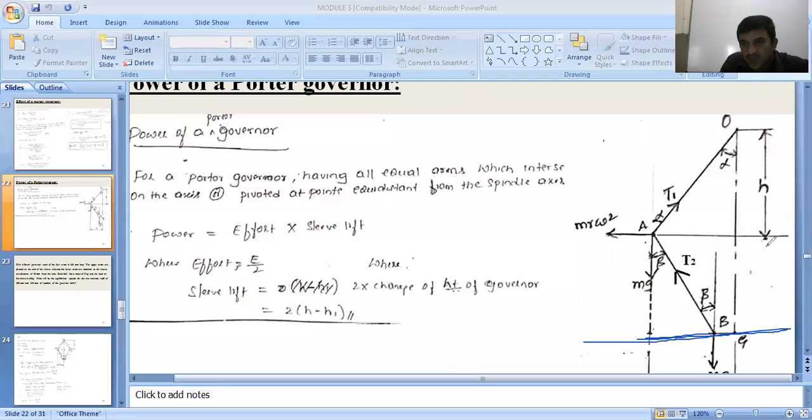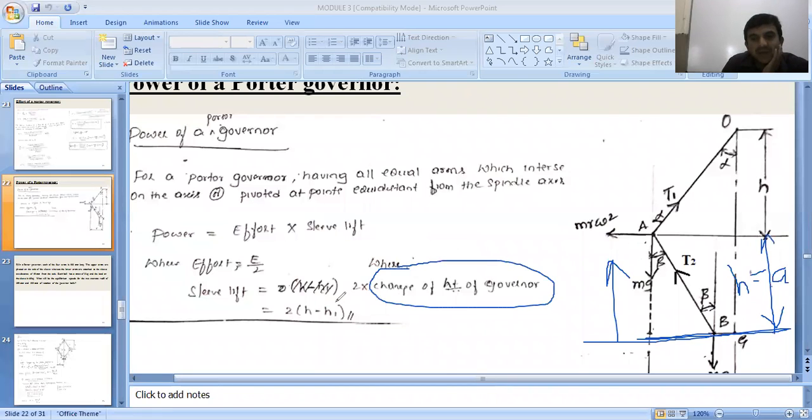This distance is H. Now the sleeve movement is two times the change in height of the governor. Why do we take change in height of the governor? If you increase the speed, the governor ball masses move from A to A1, and similarly B to B1.